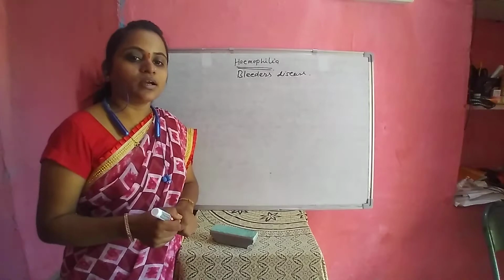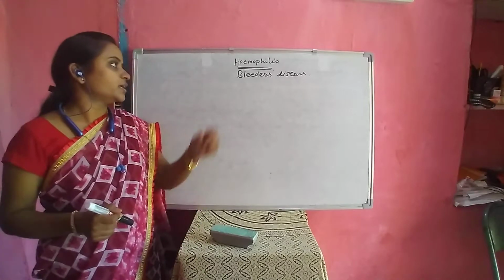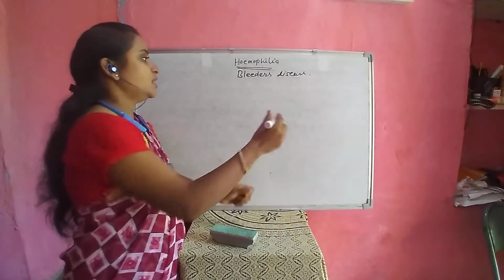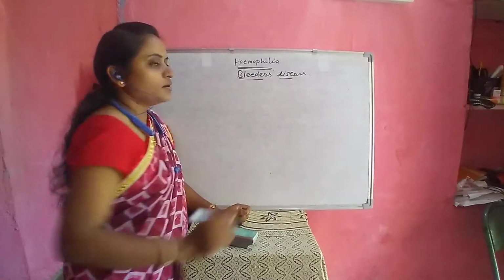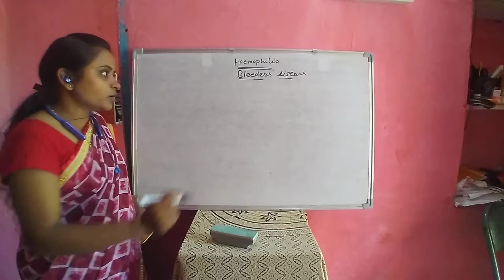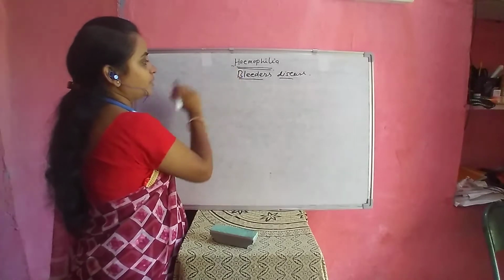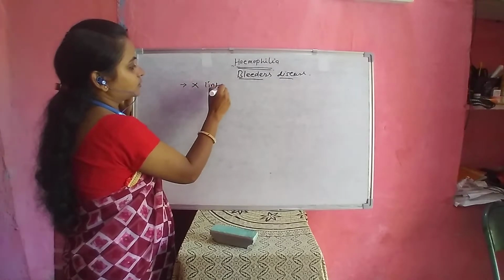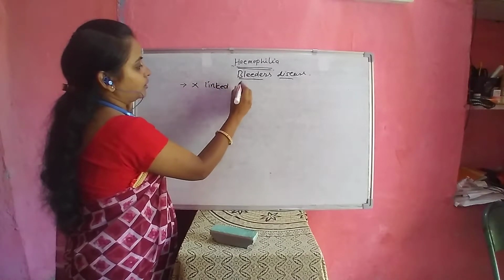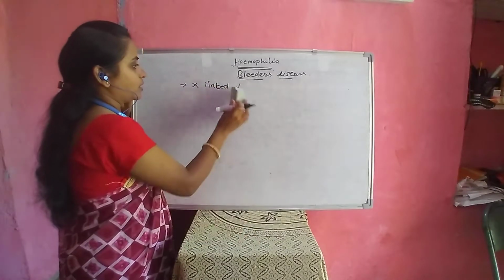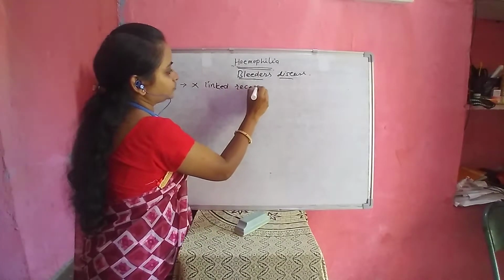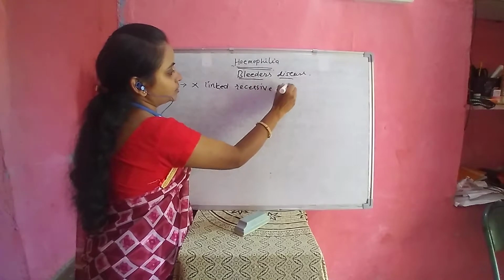Today we are going to discuss one of the topics, and its name is hemophilia. Hemophilia is also called the bleeder's disease. Firstly, like color blindness, hemophilia is also called an X-linked recessive disorder.